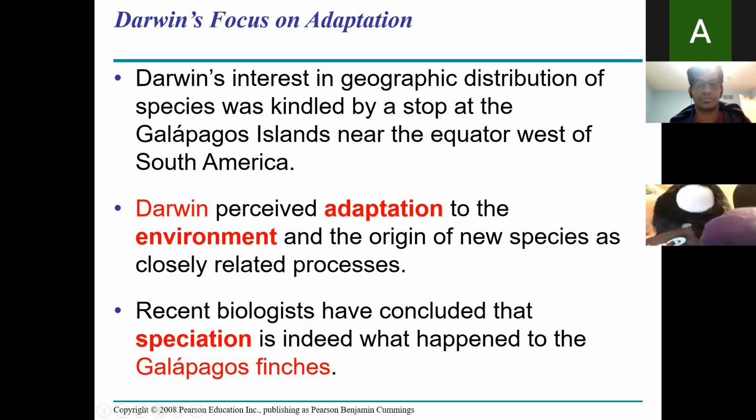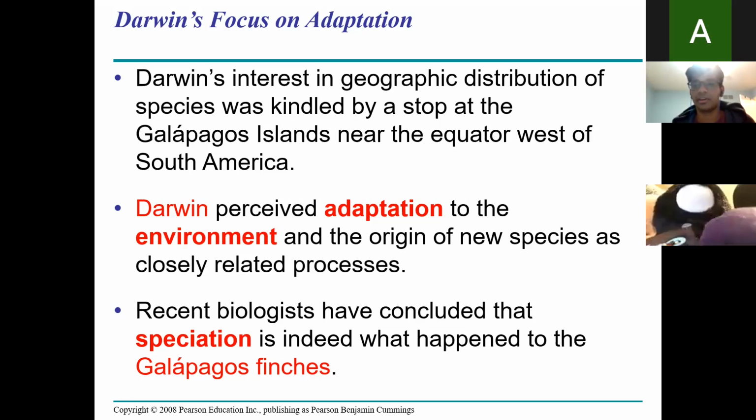Darwin's interest in geographic distribution of species was kindled by a stop at the Galapagos Islands. When he went there, he saw adaptation to the environment. As I said before, that's a key thing that Darwin noticed and that really kickstarted his idea of evolution, seeing that species were adapted to their environment instead of being just loosely there.